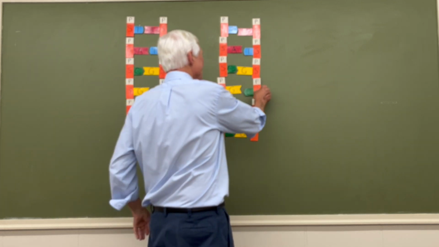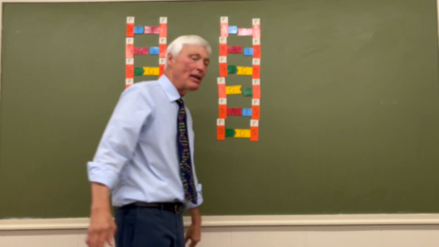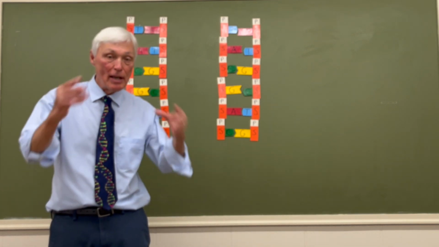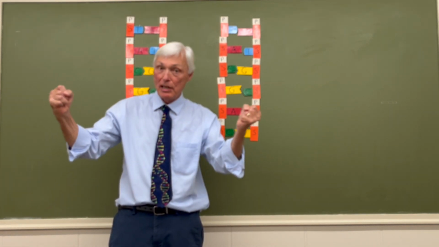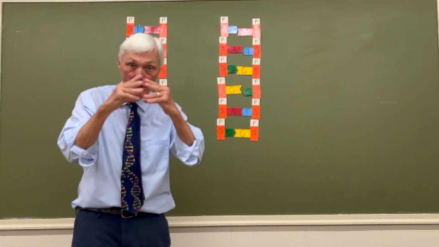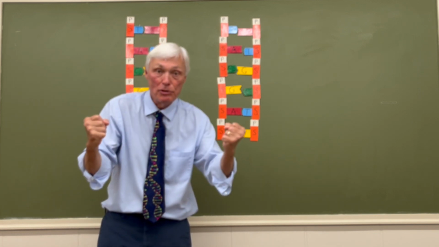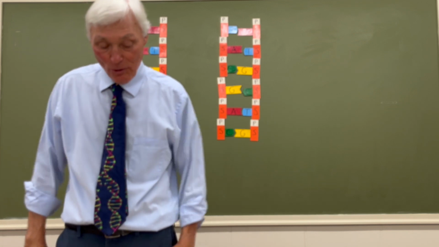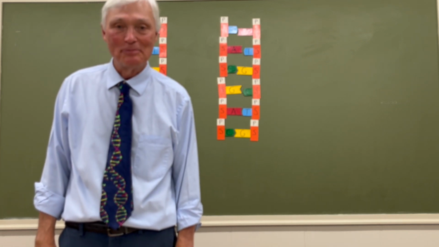So that's kind of the basis of DNA replication. And like I said, why is it important? Every time a cell divides in two to make two new cells, it has to faithfully replicate all of its DNA so that the two new cells each get their fair share of the correct amount of DNA.